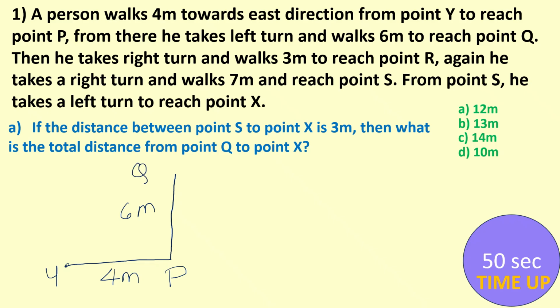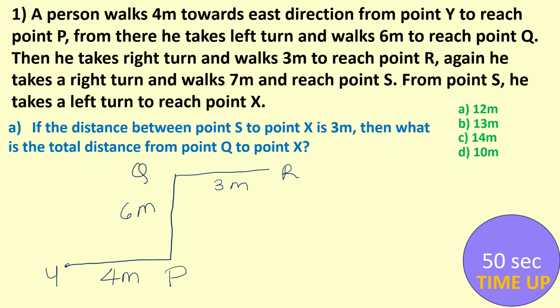Next, he takes a right turn and walks for 3 meters to reach point R. Again he takes a right turn and walks for 7 meters to reach point S. Now this is 6 meters, correct?